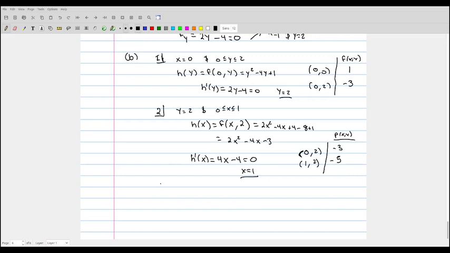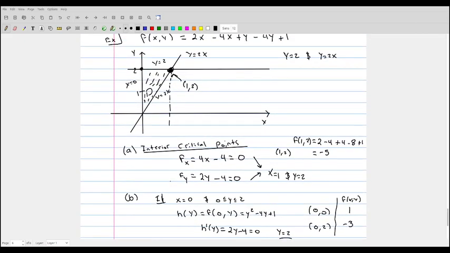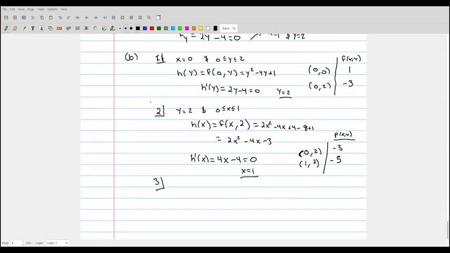And the last piece of this domain corresponds to the piece of the domain that is the bottom of the domain, or the line y equals 2x. And this is, again, for x between 0 and 1.